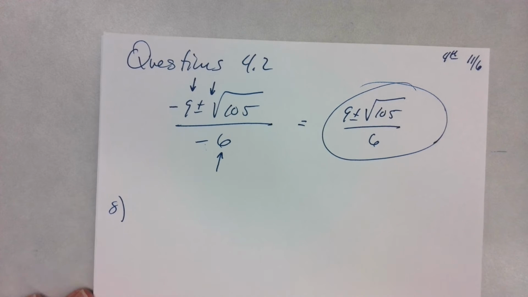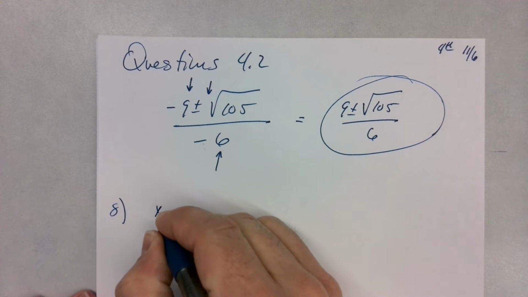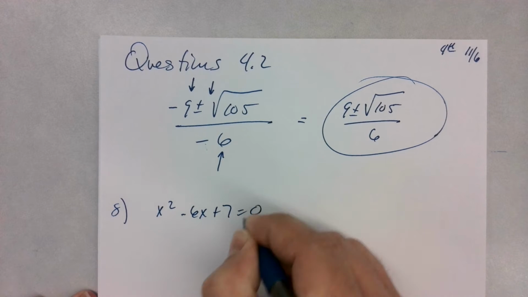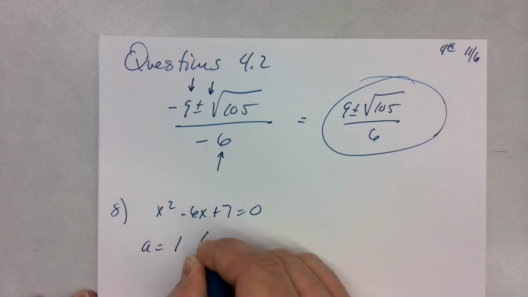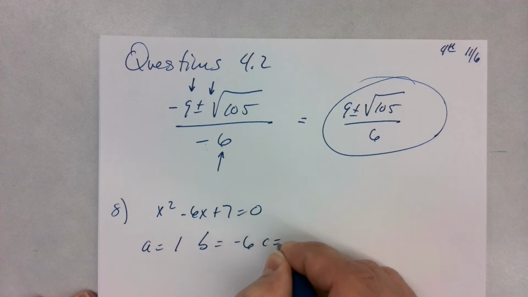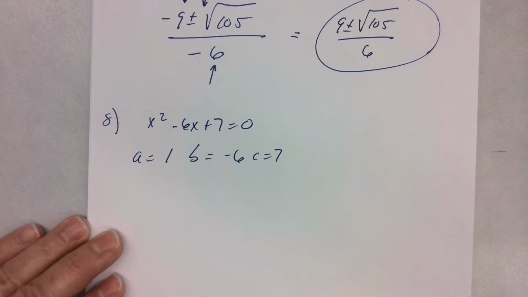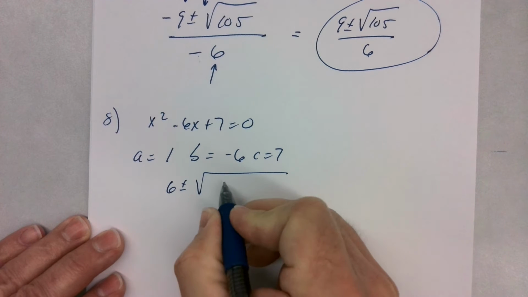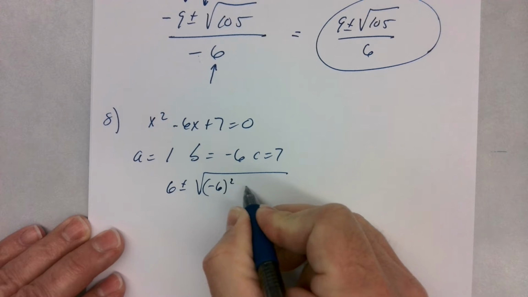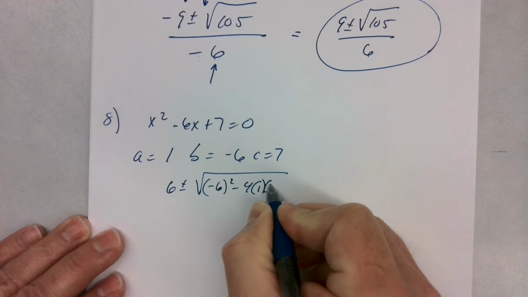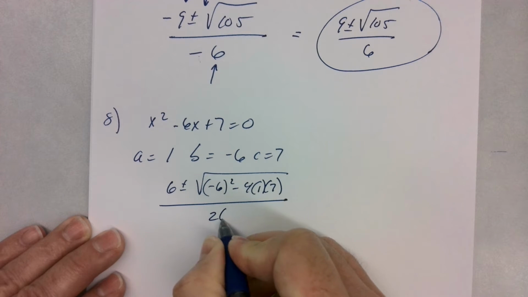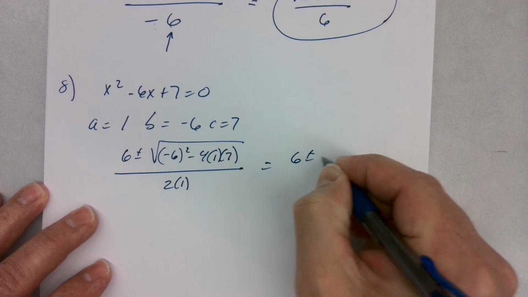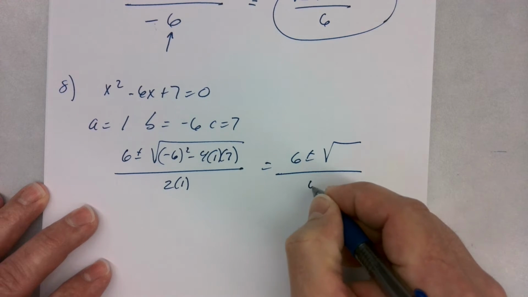Okay, so first rule is I want to go standard form, right? It's already in standard form, so we're good there. So I got A is 1, B is -6, C is 7, right? So I'm going to go the opposite of B, so I'm going to go 6 plus or minus the square root of -6 squared minus 4 times 1 times 7 all over 2 times 1, right?